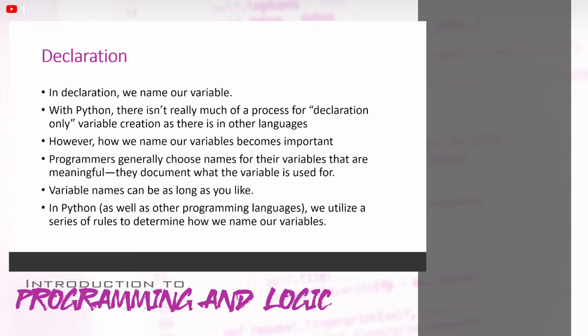They can be mostly whatever you want, which we'll see on the next slide, how that changes in certain contexts. But typically we say they should be meaningful, so that you know what you're talking about when you go back and look at your code later.